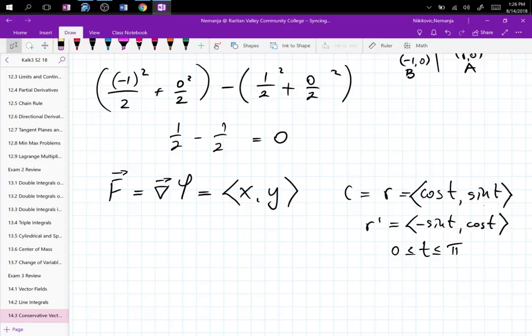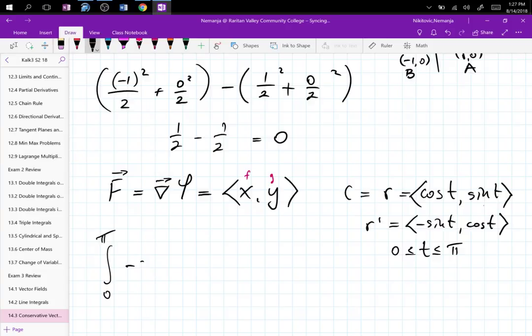So now we have our integral from 0 to pi, and then we have cosine t, so x, this is our f, this is our g, times negative sine t, plus sine t times cosine t.